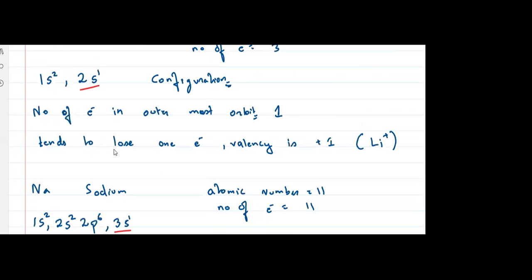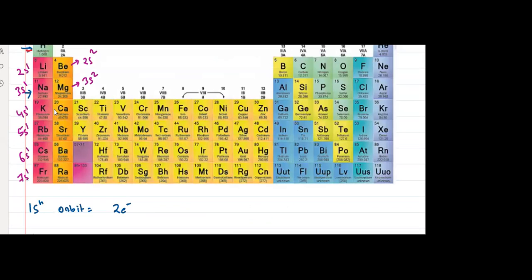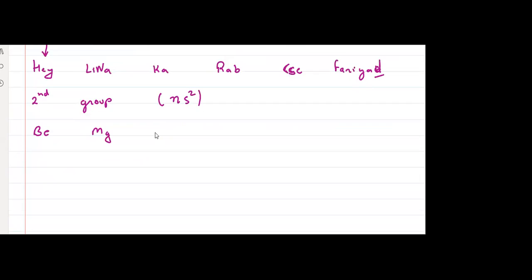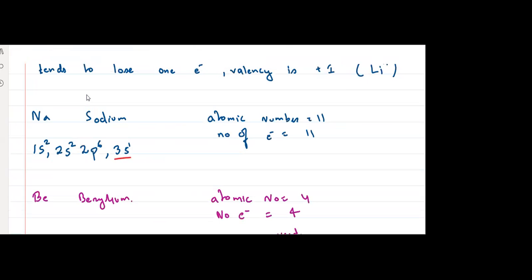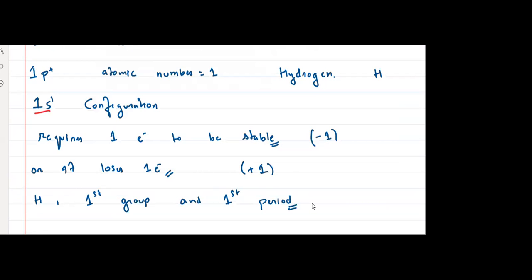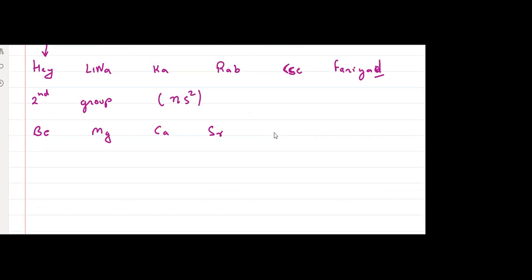I already remember, that's why I'm writing. Otherwise, you can just see and write. Be, Mg, Ca, Sr, then Ba. Even if you don't remember Ba, it is fine. But I'm writing it. Okay?